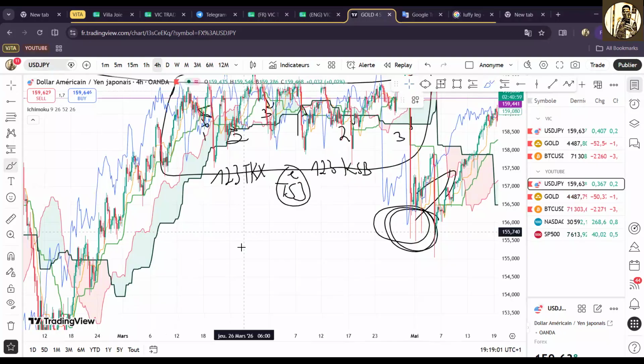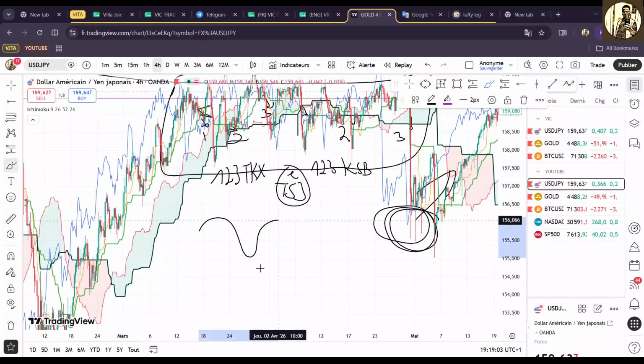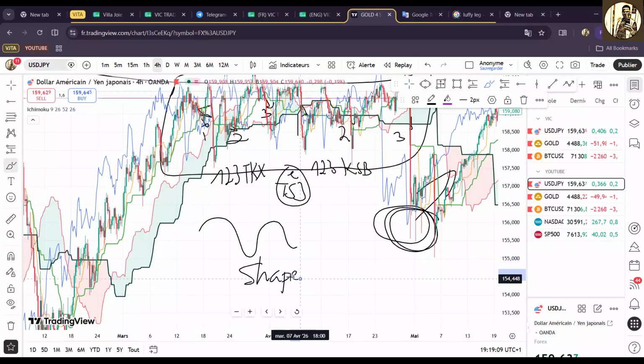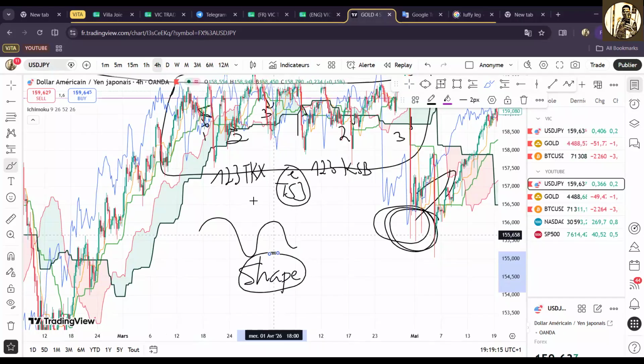You just understand the shapes. I try to help you understand the shapes with normal observation without using any crazy words, right? Use normal observation, read the shapes of the chart.